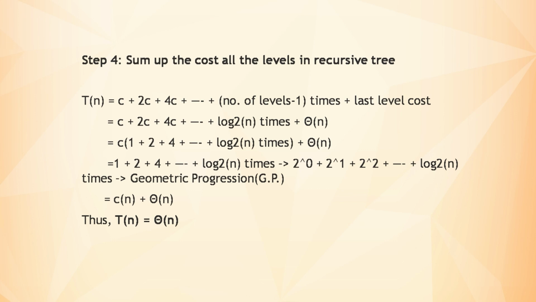We calculated in step 3, that is theta n, and the number of levels is log n base 2. So, 1 plus 2 plus 4, if we take the common C, we get the value of 1 plus 2 plus 4, log n times. This is your geometric progression series, and when we solve that geometric progression, we can get the n value, and that is n plus theta n, that is overall n. So, overall time complexity is theta n.